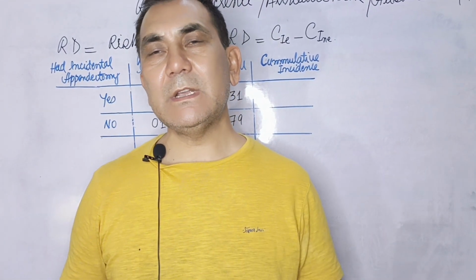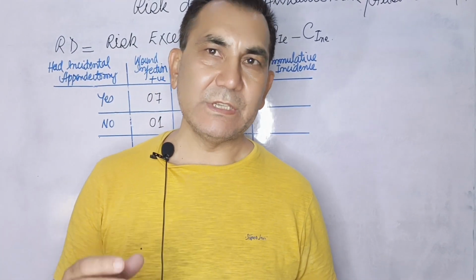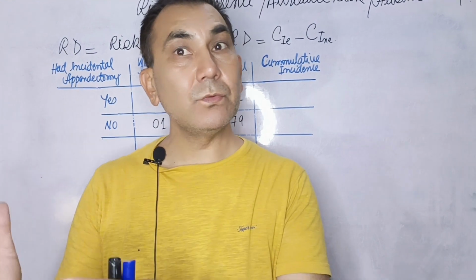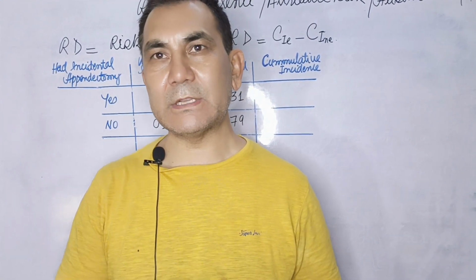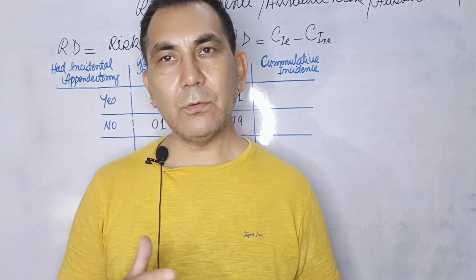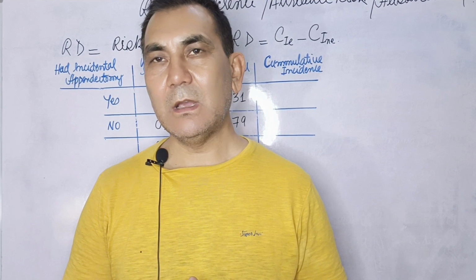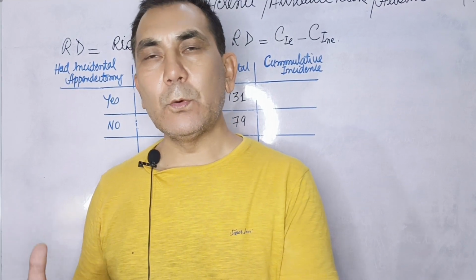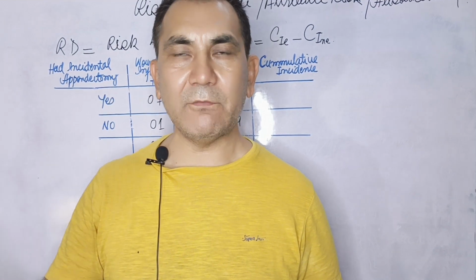The risk difference is the excess of the risk of the disease, the magnitude of the disease, in the exposed group as compared to the non-exposed group. Or you can say it is the excess of the disease in those who have the factor as compared to those who do not have the factor.